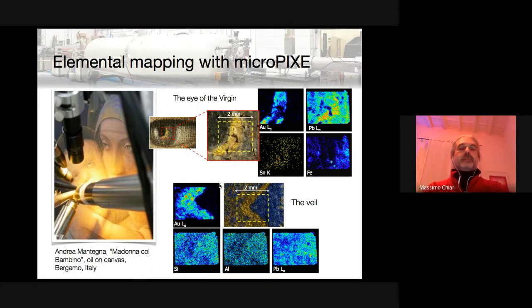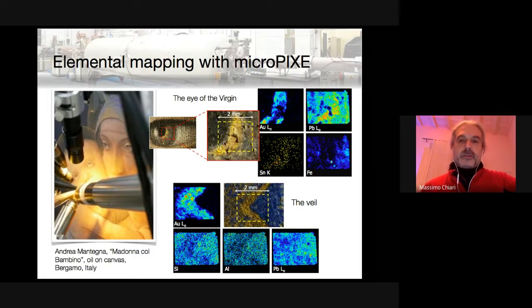For example, as you can see in these examples on the analysis of a painting from Andrea Mantegna, if you look at elemental maps around the eye of the Virgin or around the veil in front of the Virgin, you see that what appears to be yellow is indeed obtained by depositing small foils of gold.